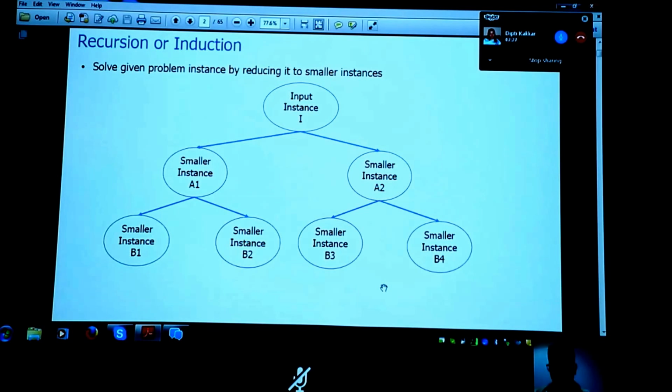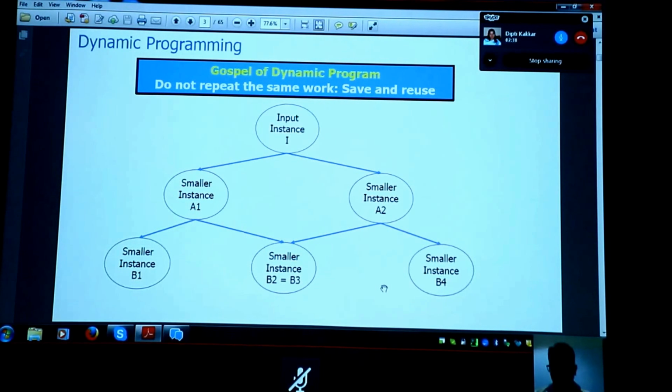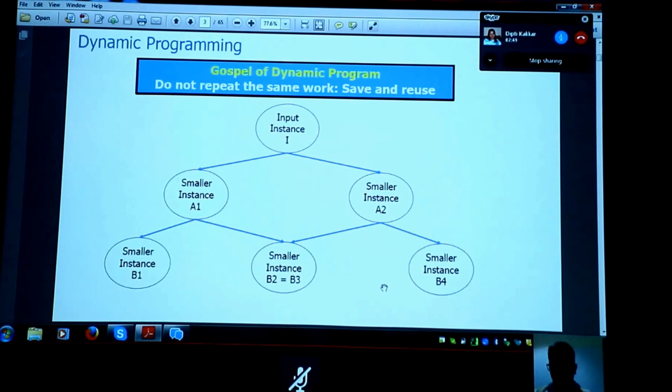Now, dynamic programming also has a similar structure, except that we are going to do one important thing. We can say that's the gospel of dynamic programming that differentiates it from normal recursion: don't repeat the same work, save and reuse. Say I started from this input instance I and we derived A1 and A2.